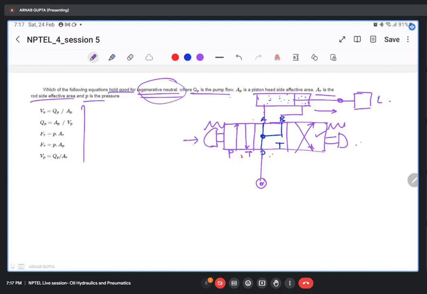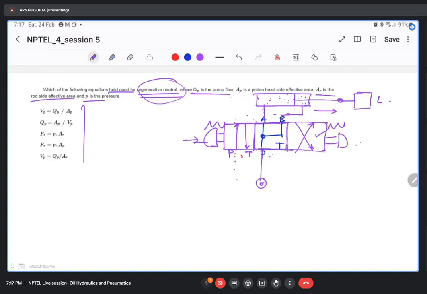For extension you have to push this, so the pump will be connected here, and the configuration will be like this, and the cylinder would be extending. Now, if you want to stop it at a particular intermediate position, you release this, and it will come back to this neutral position.